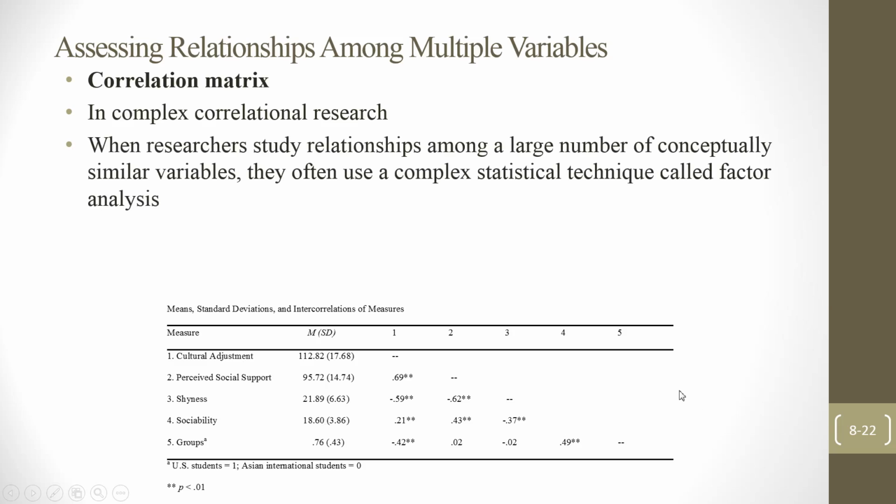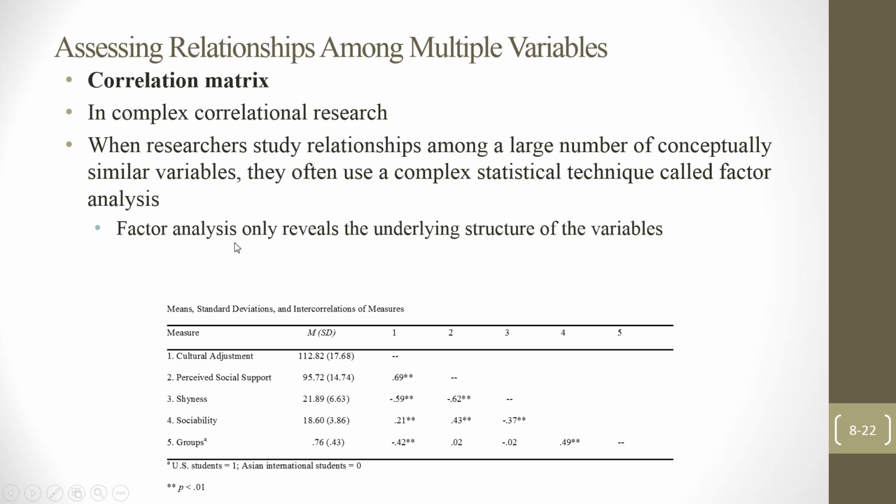Now, in complex correlation research, we can do this. And after this, if we also want to study the relationship among a large number of conceptually similar variables, then we use a complex statistical technique called factor analysis. Factor analysis reveals the underlying structure of the variables.